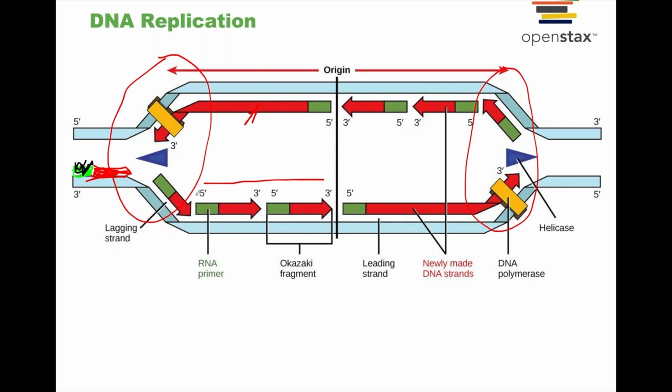It's going to chop it off and remove it. Now, in the middle, when it chops off this green stuff, DNA polymerase is going to come and fill in the gap in here. But that doesn't happen at the end. There is no filling in the gap on this end, and also on the other end.